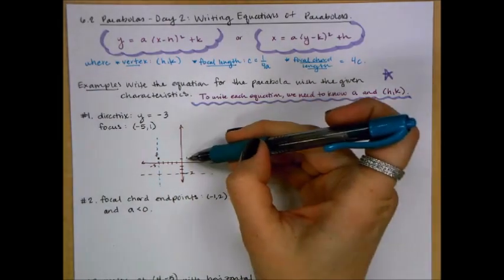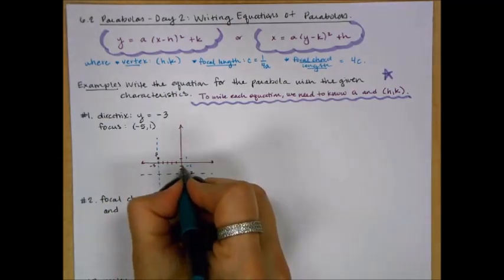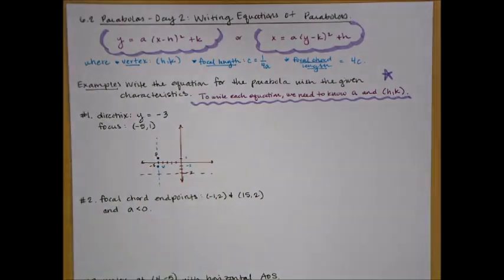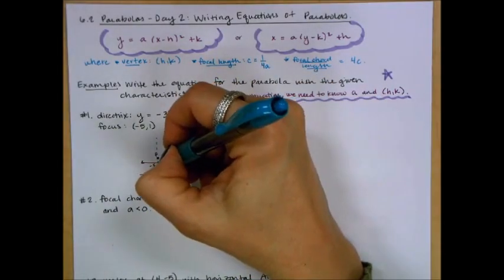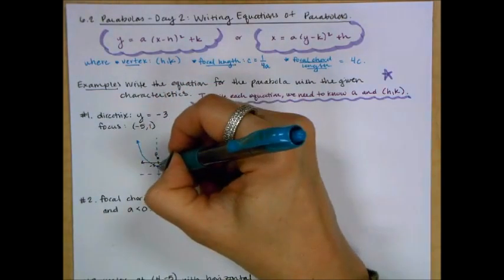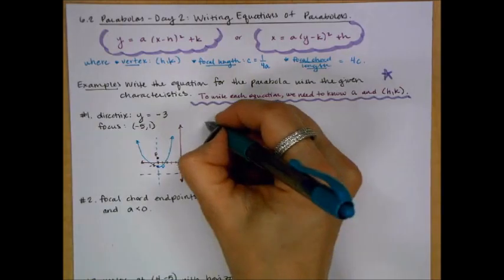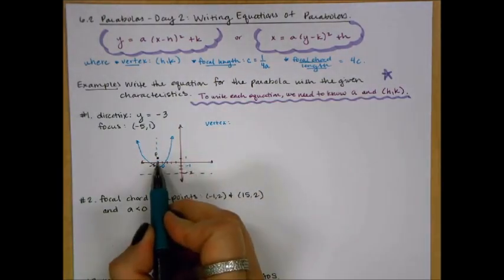Right in the middle of 1 and -3 is -1, so this should be where my vertex is, right here. If the focus is meant to be inside of it, then this means that my parabola is opening up. So for the two things I need, my vertex is at (-5, -1).